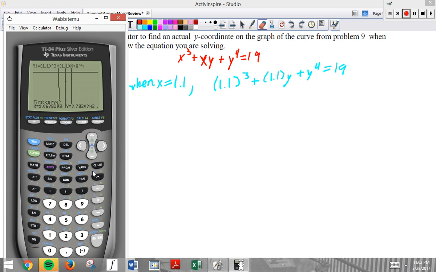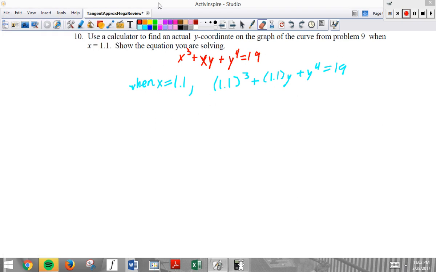Find the value of the intersection. We want this number to be next to 20. Let's go with 16. Bam. Guess. 1.98. Three decimals. 1.984.